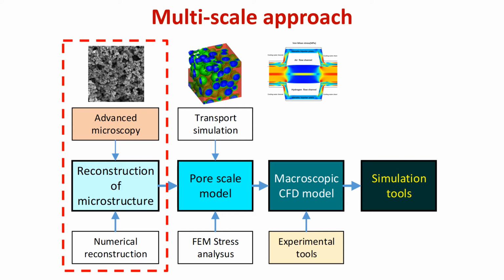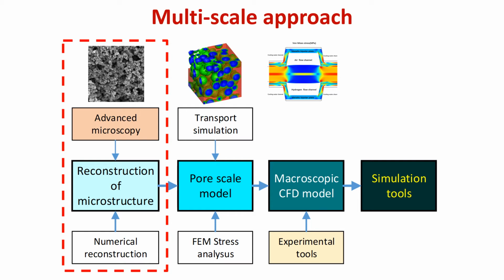So with such a solid model, we proceed to perform numerical simulation on the pore-scale model using either commercial software or in-house codes. The main purpose of this pore-scale simulation is to obtain the effective transport properties of the material, which will be used in the following macroscopic CFD models.